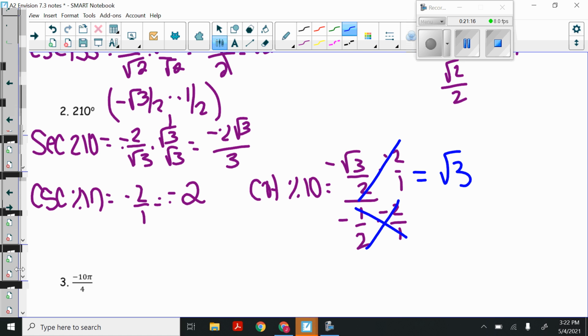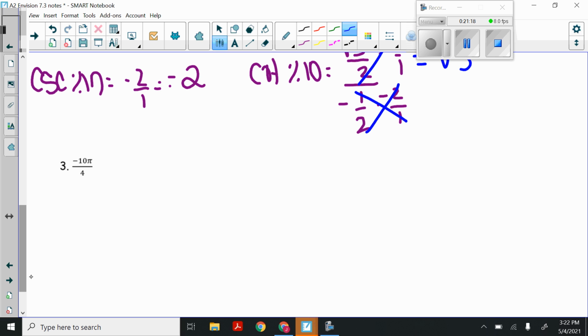Okay, so now we want negative 10 pi over 4. I notice that I can reduce that, so they both have a 2 in common, so this is really negative 5 pi over 2. So if I go to my unit circle, let's see, where would 5 pi over 2 be? And then I want negative 5 pi over 2.